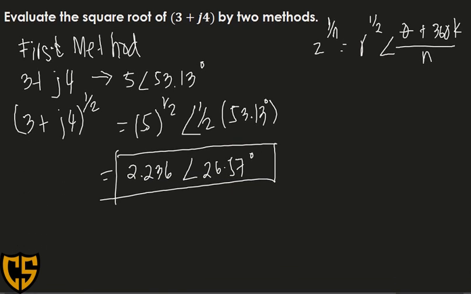So take note that if our k is equal to 0, that is the value of our complex number. So what we need to find now is if our k is equal to 1.